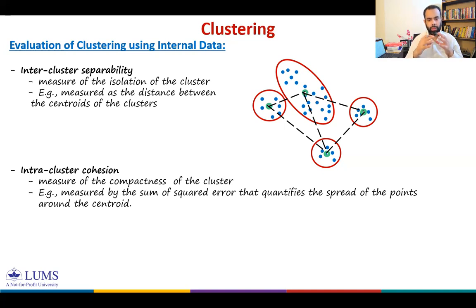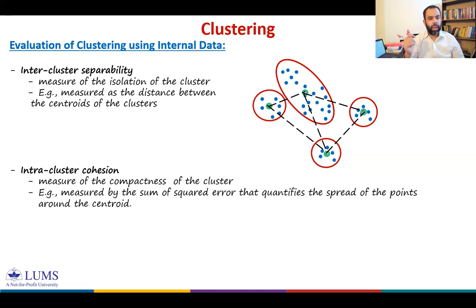So this would be quantifying the spread of the points around the mean, around the centroid. The centroid is the mean, and we are measuring the difference from the center, and you square it and you sum. This is a measure of spread around the mean, and this can quantify the compactness of the cluster.